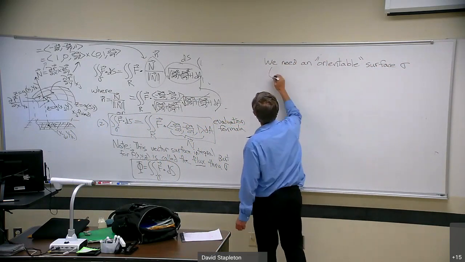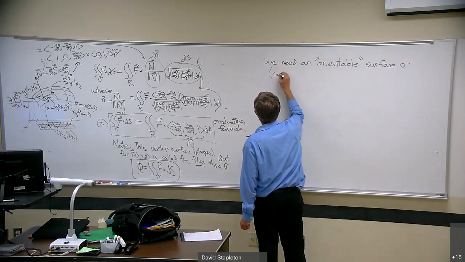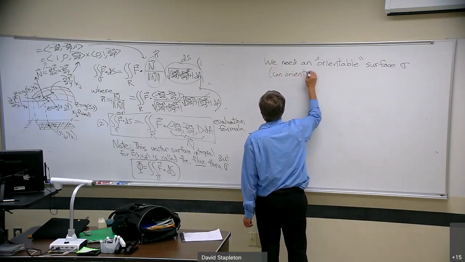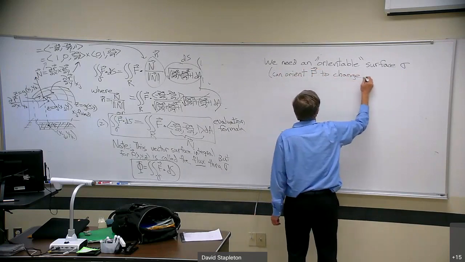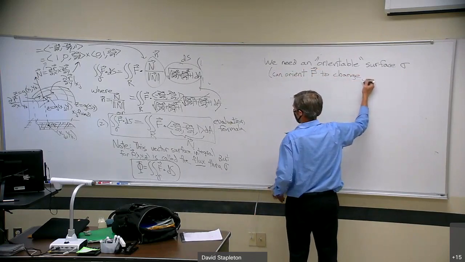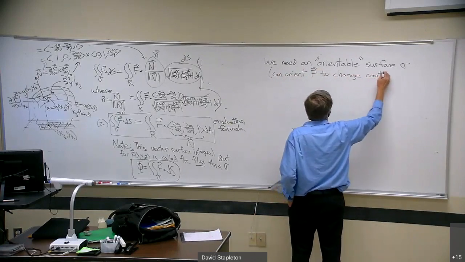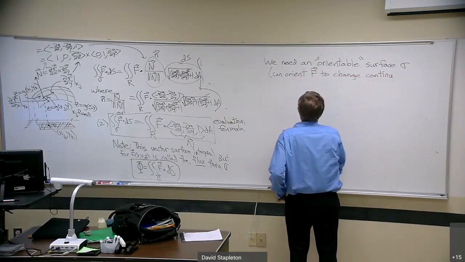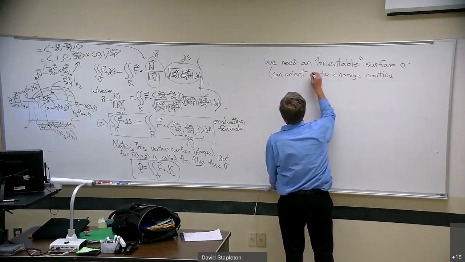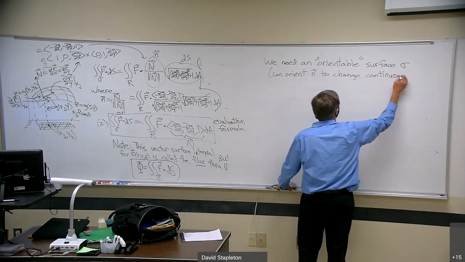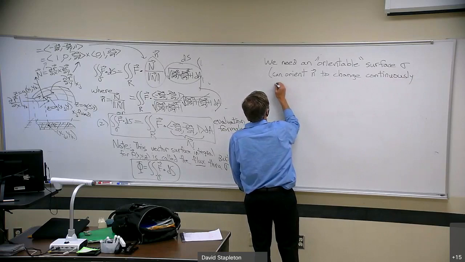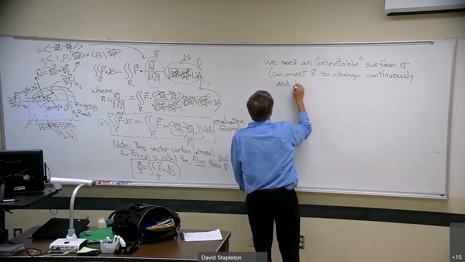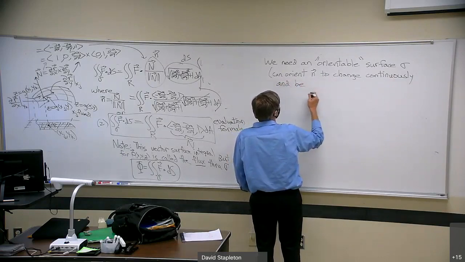Orientable means that we can orient the normals, I'm sorry, orient N, the normals, to change continuously while being on one side of the surface.